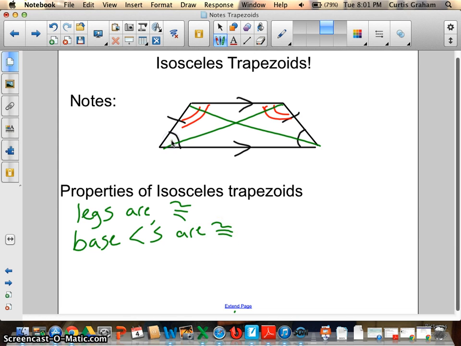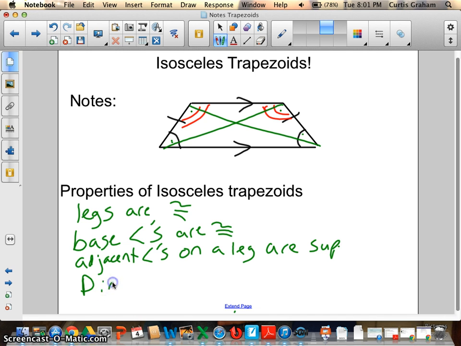So that's this set right here and this set right here. Adjacent angles on a leg are supplementary, and the diagonals are congruent.